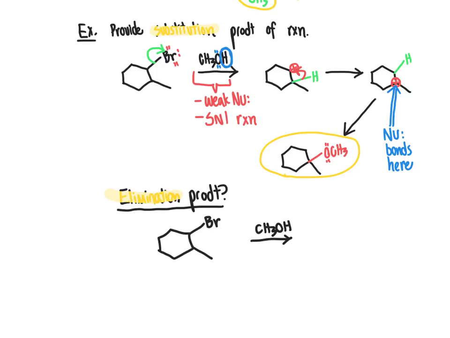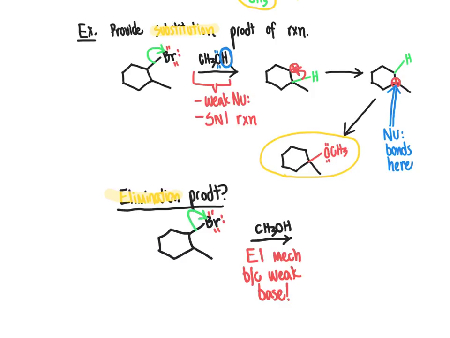So for the elimination reaction, much like the substitution reaction, we're going to assume this is an E1 mechanism because of the fact that it's a non-anionic weak base. If we had a strong base, we would expect that the E2 mechanism would dominate instead of the E1. In the E1 mechanism, remember that means the rate limiting step is unimolecular and involves just the molecules of the leaving groups.